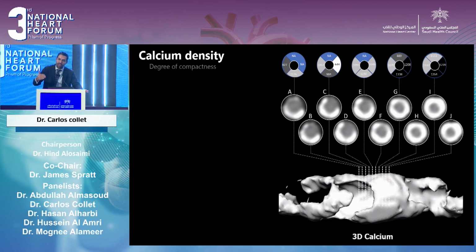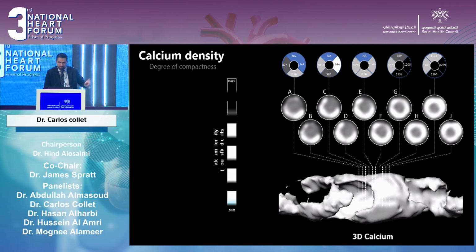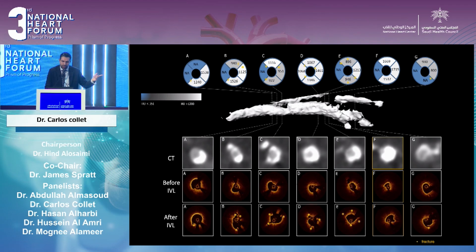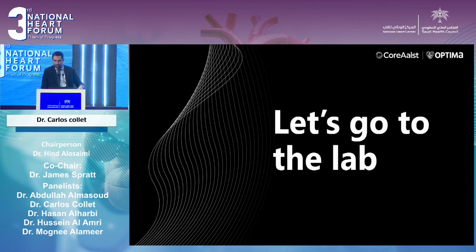So with CT, we can now stratify the calcium not only as semicircumferential, circumferential, thick or long, but also by density, which is a predictor of the response to therapy. I will explain that further and show you a couple of cases where we have calcium we call 1K, calcium 2K, which predict the response to plaque modification, in terms of presence of fractures and, of course, stent expansion.